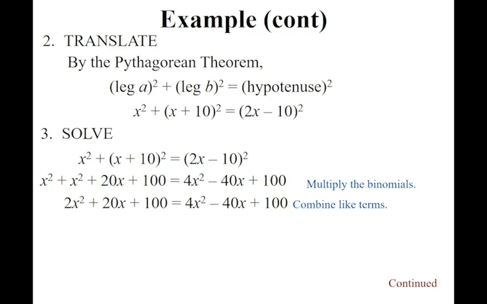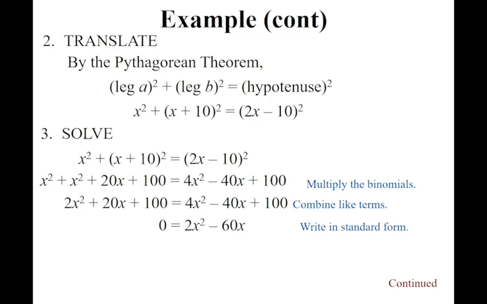Now we want to get everything on one side, 0 on the other, so we can factor and solve. Let's move everything to the right because it makes more sense for us to do 4x squared minus 2x squared. That keeps it positive. So subtract 2x squared, subtract 20x, and subtract 100.